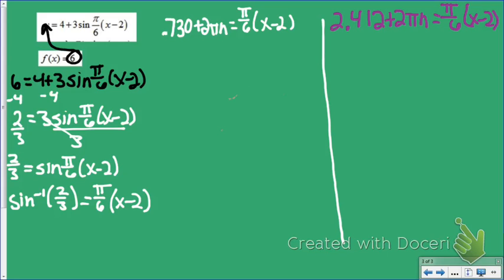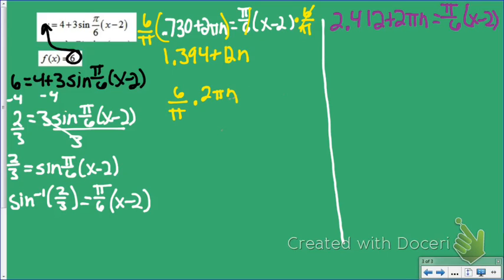All right, so I'm going to continue to solve this left one first. The first step I want to do is multiply both sides by 6 over pi, so I can get those to go away. I'm going to do that in my calculator, and I get 1.394 plus 12n, because I'm doing 6 over pi times 2 pi n over 1.